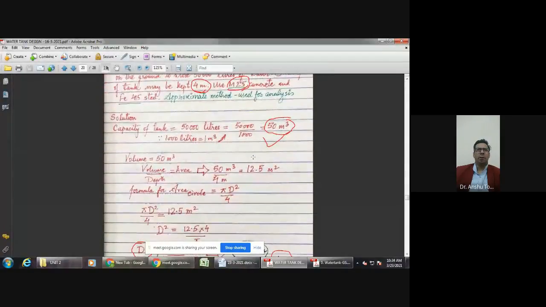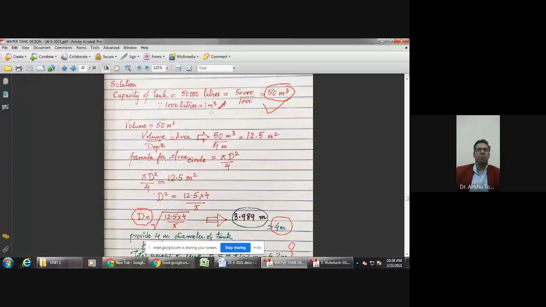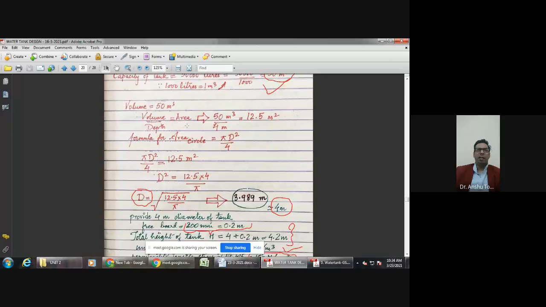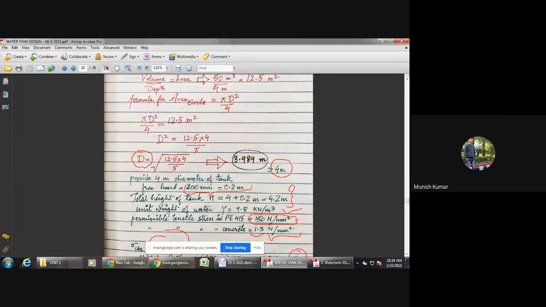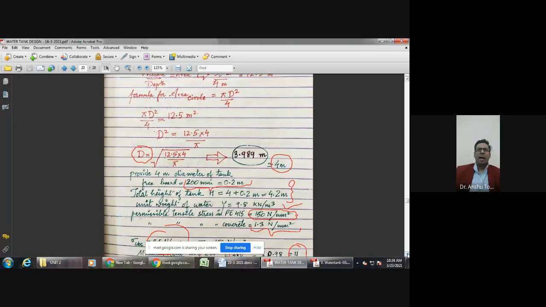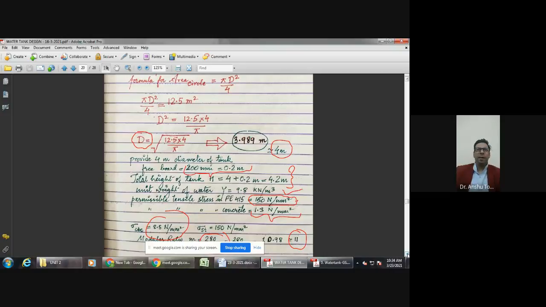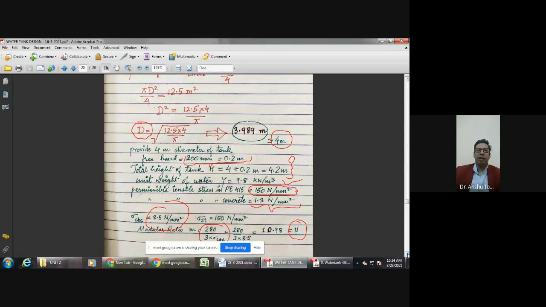We calculated the diameter of the tank. Adding the freeboard, we were able to find the total height of the tank.